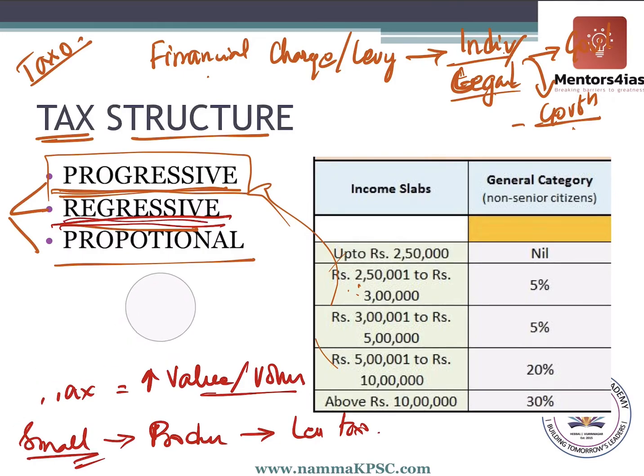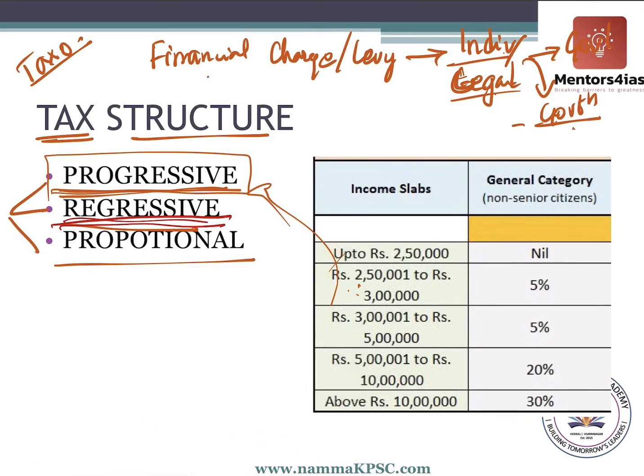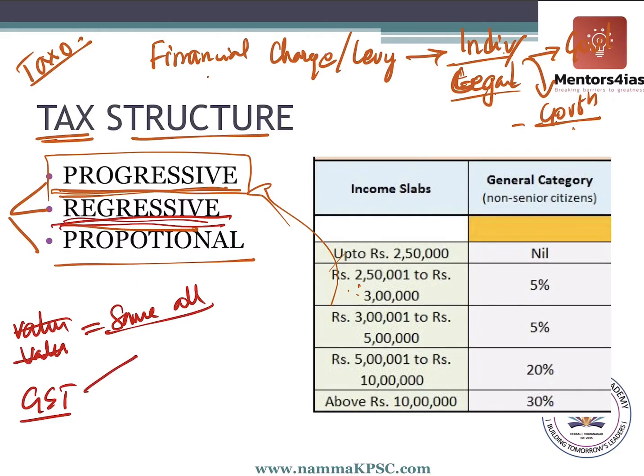Next one is proportional taxes. Proportional taxes are irrespective of value or volume. The tax rate remains the same for all people. An example is GST. If you are a rich person, say Ambani, he also will have to pay 10% GST when he buys something.